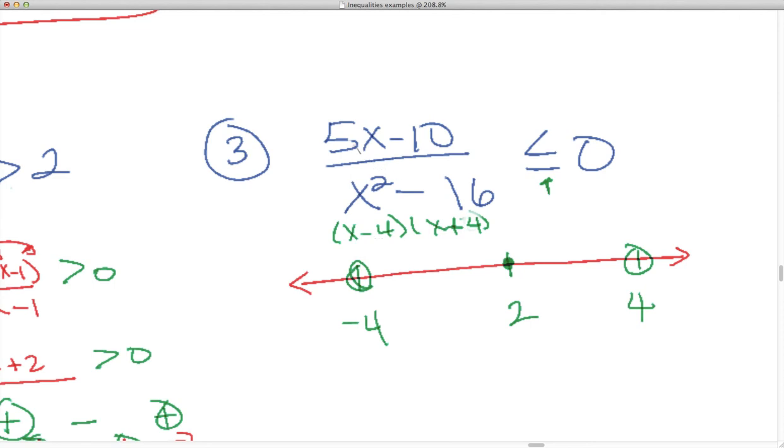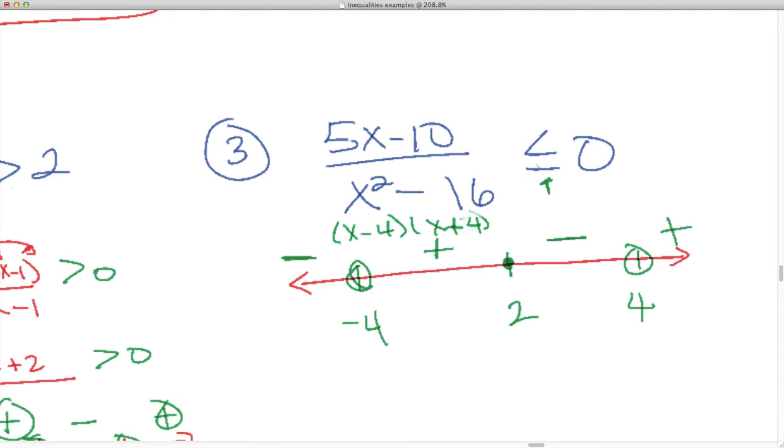So then negative divided by positive is a negative. Then if I plug in a 0, we'll work in between here. That's going to be 2 negatives, so that's a positive. And then plug in a 3, that's 15 minus 10 is positive, 9 minus 16, or if you want to plug them in individually, they're still negative, so positive over a negative is a negative, and then the bottom one is a positive.